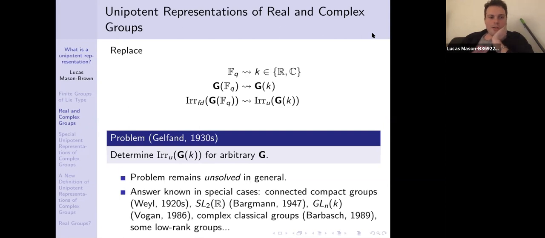And the answer is also known in a bunch of low rank examples. And I should mention that although there's no satisfying general answer to this problem, we do have software which can compute the unitarity of a given admissible representation, at least in principle.